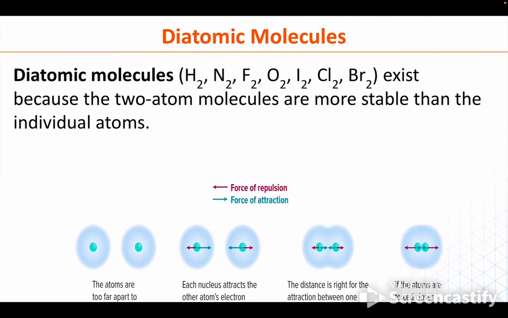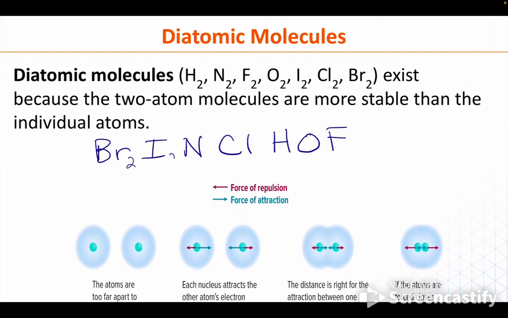And sometimes just to remember these, I say this kind of silly way of remembering, which is Brinkelhoff. It's just all of these elements together, and then if you just remember they're diatomic.